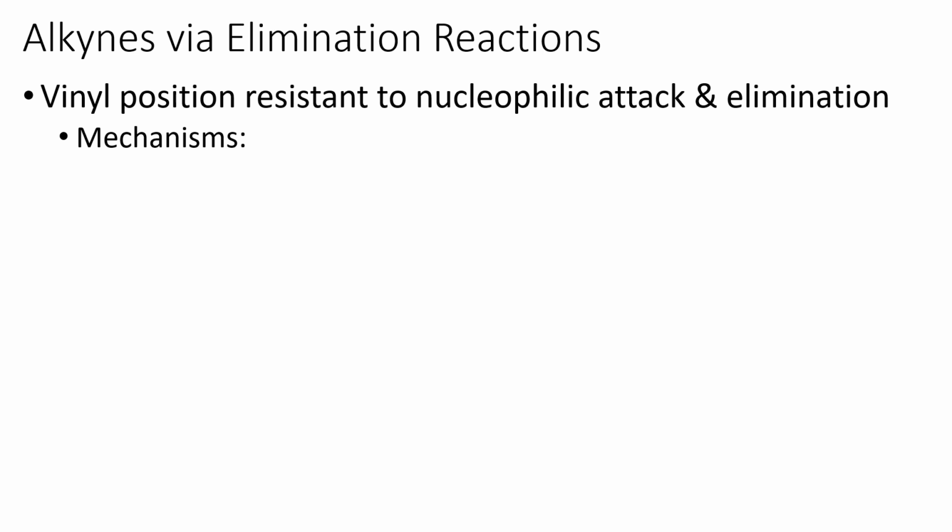Now let's look at the other mechanism where we were under the extreme base conditions. With this one, we had the NH2- unit that was negatively charged, so we had that very, very, very strong base. We're going to see it come in and do the same initial deprotonation that we saw with the other condition.